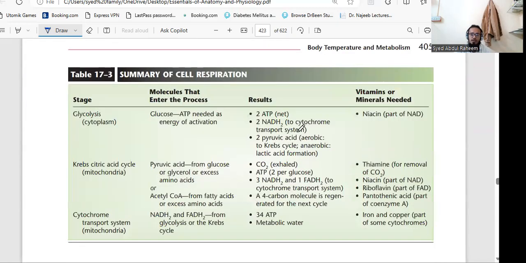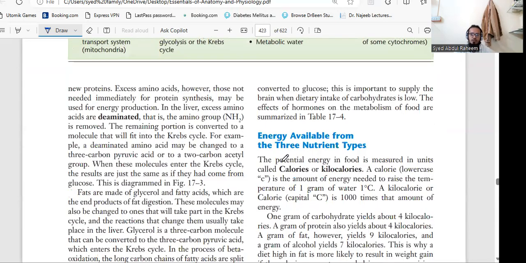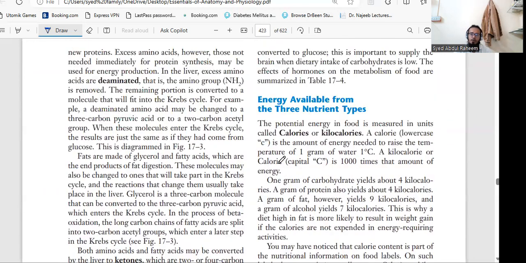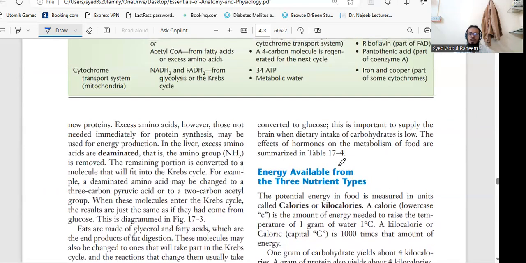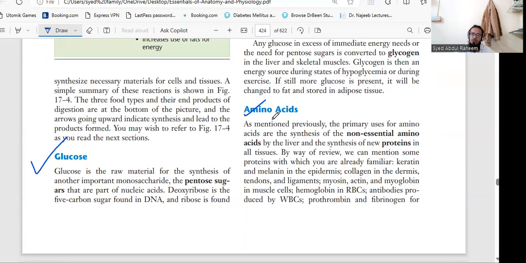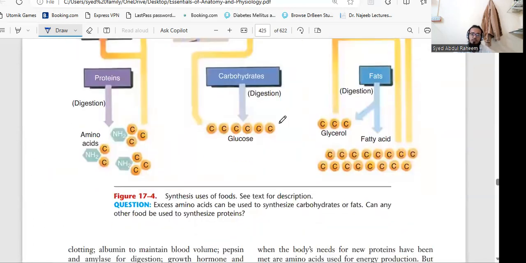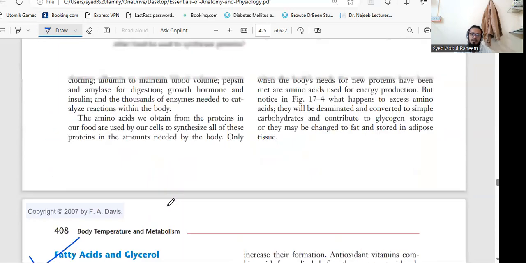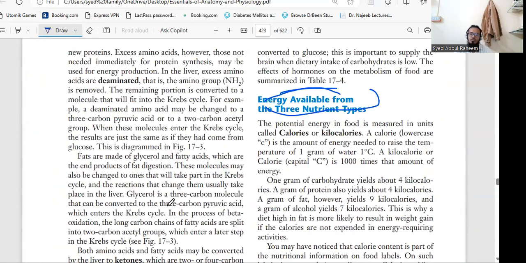Here we have the summary, but I think it is not helpful here, though it will be helpful in biochemistry. So let's talk about energy available from the three nutrient types. We have glucose, amino acids, which is very important, fatty acids, and vitamins and minerals. So let's talk about that.